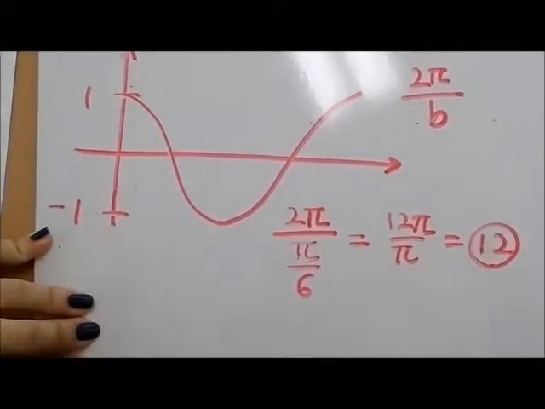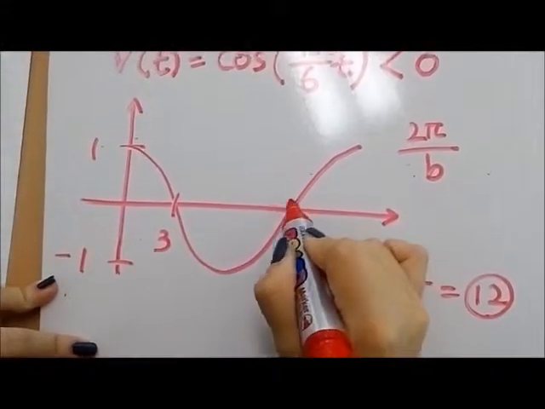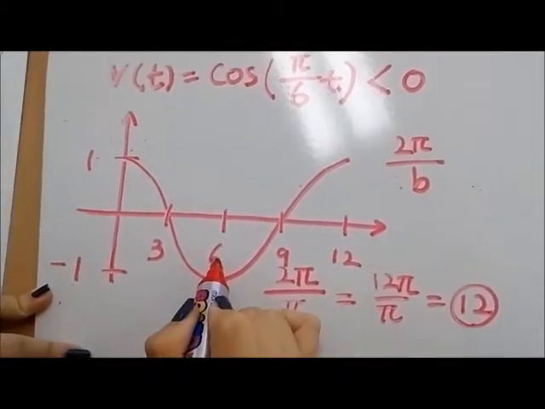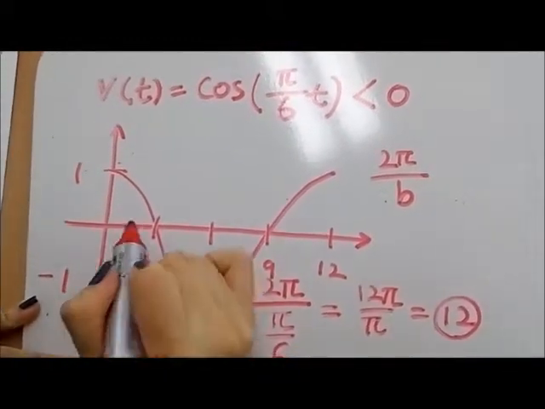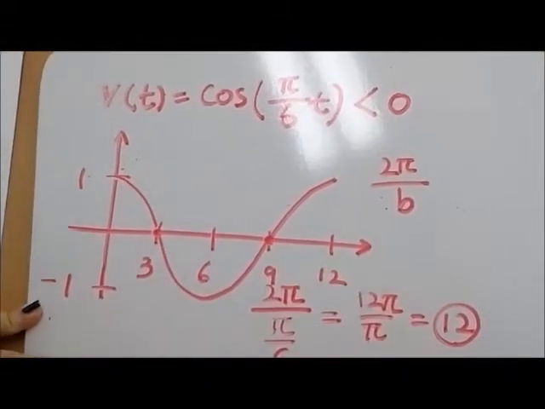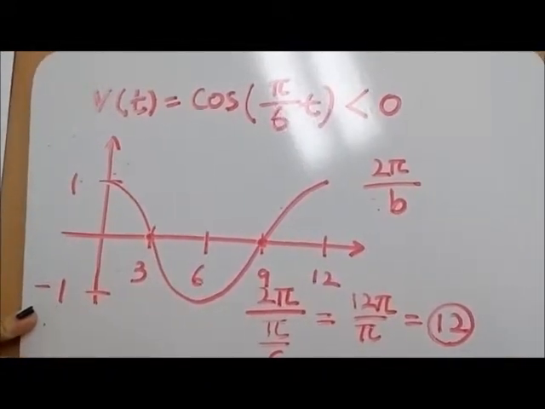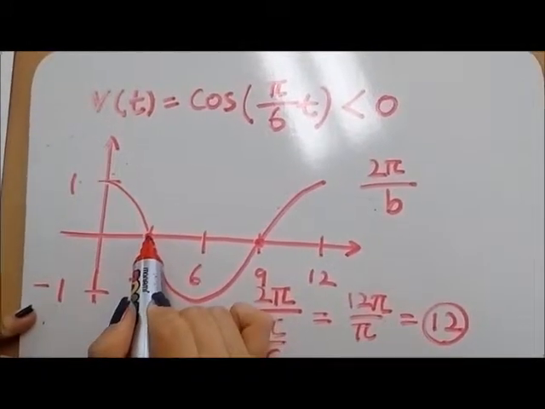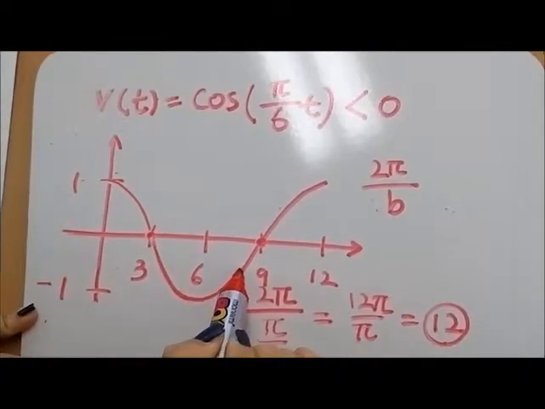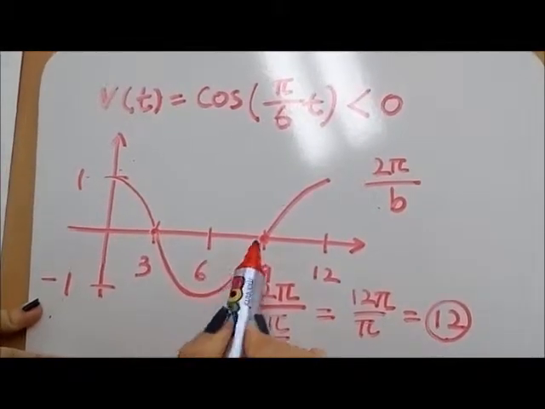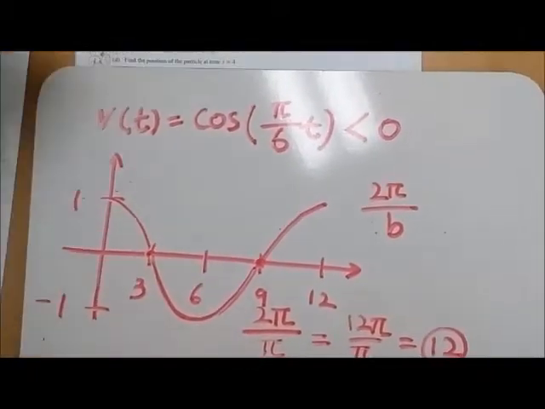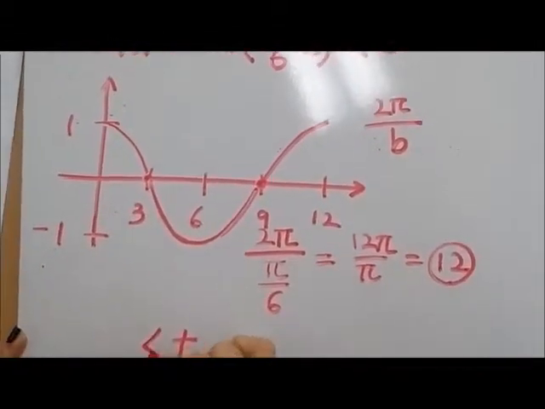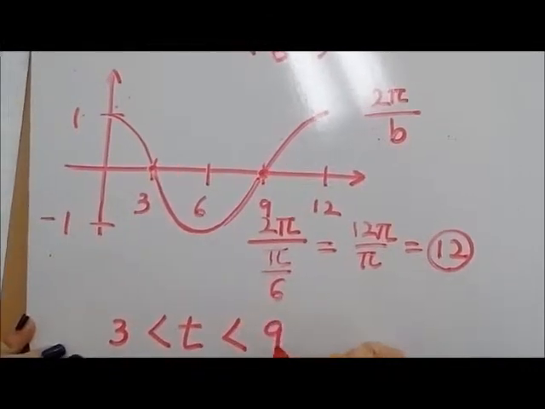The period would be 12. We're trying to graph this in order to find where v of t equals 0. And we find out that v of t equals 0 when t is equal to 3 or 9. So the graph is below the x-axis in this interval. In short, the velocity is negative when t is larger than 3 and smaller than 9.